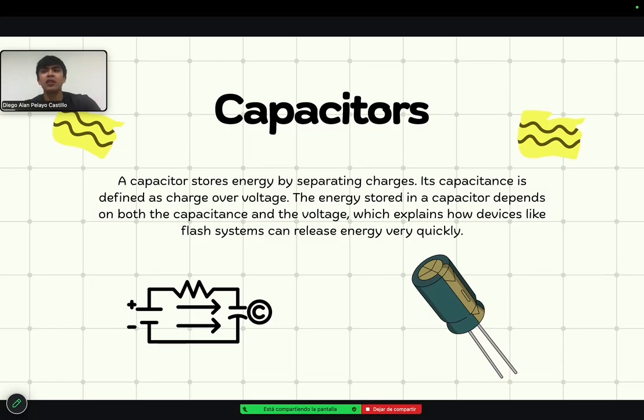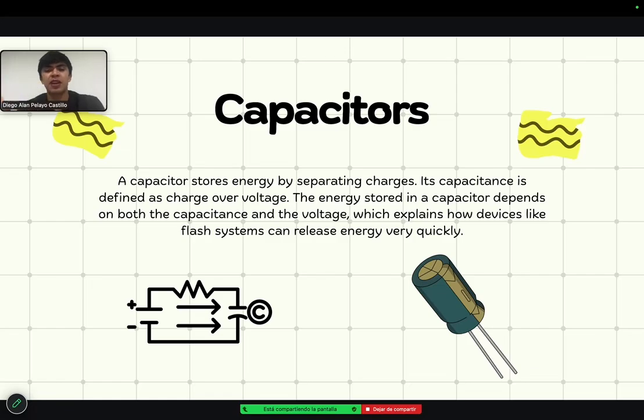The important idea is that capacitors not only store energy chemically like a battery, but instead store energy in an electric field created between these plates, as I already mentioned. And the greater the charge separation, the greater the stored energy.